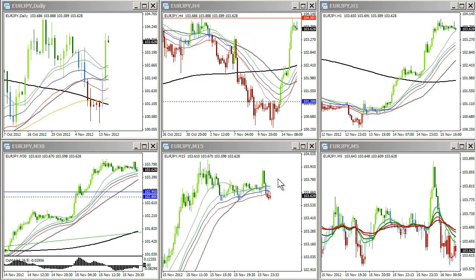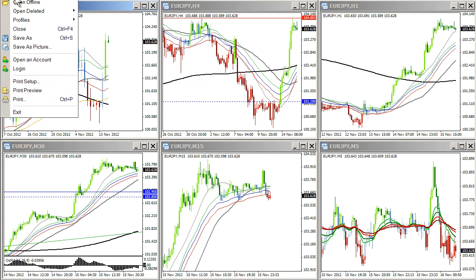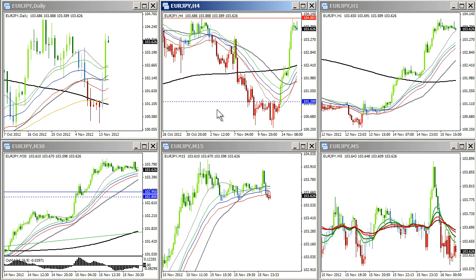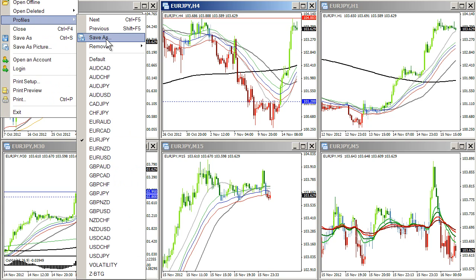I actually just built a template where I've just opened 6 new charts and sized them and created a single screen for them. And then I create a profile every time I do that. So I open up 6 charts.